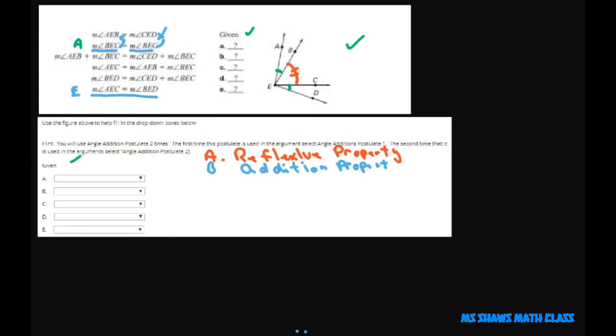So I know that angle AEC, so let's look at this, angle AEC, and I'm going to erase this now, AEC equals AEB plus angle, the measure of angle BEC. So this whole angle here equals these two added together. So for C, that's called the angle addition postulate.